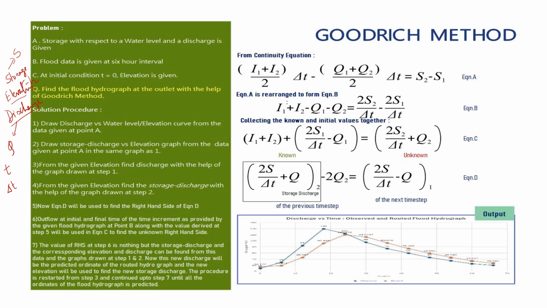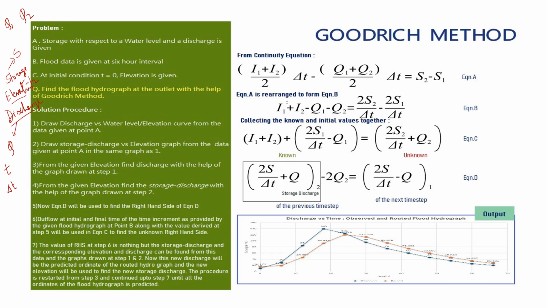So Q1 is the outflow from the reservoir at the beginning of the time of the flood. Q2 is the outflow at the final time of the flood.